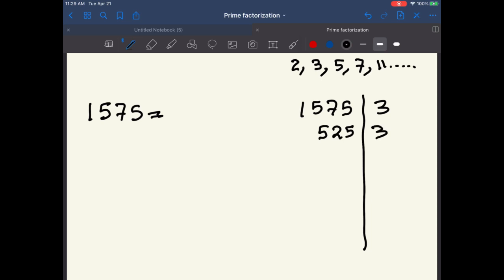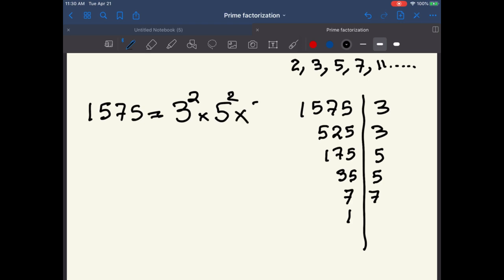If you divide by 3 again, you have 175. But 175 is not divisible by 3 because when you add the digits, the answer is not divisible by 3. Now you need to divide by 5, the next prime number. 175 divided by 5 is 35. And 35 divided by 5 is 7. And 7 divided by 7 is 1. Now this number can be represented by 3 squared times 5 squared times 7.